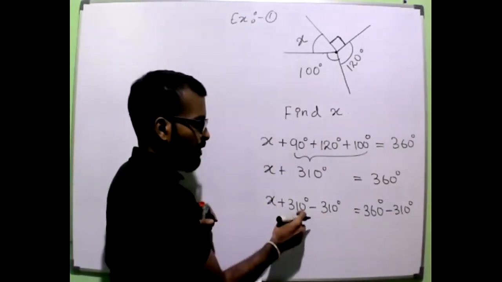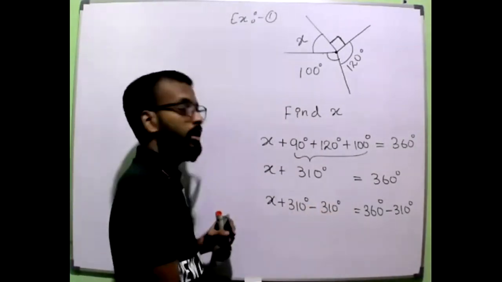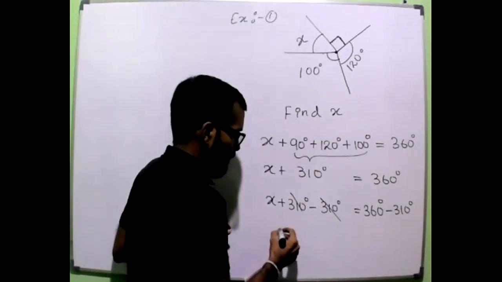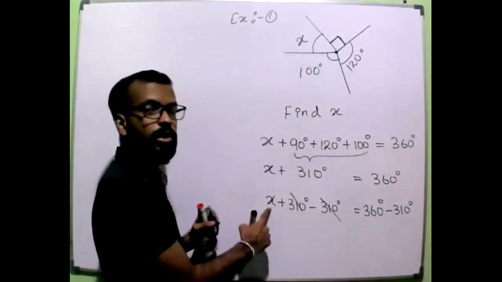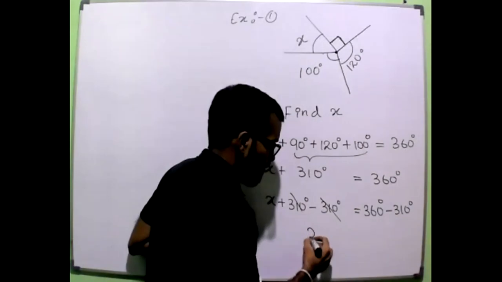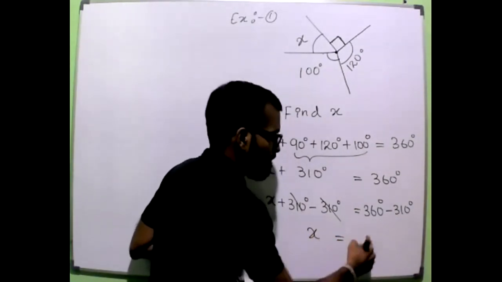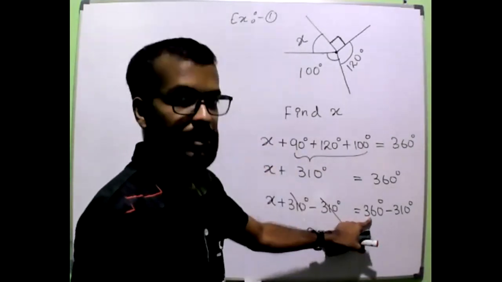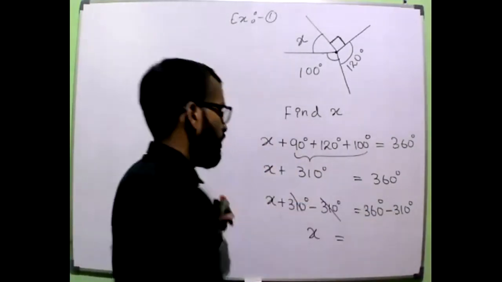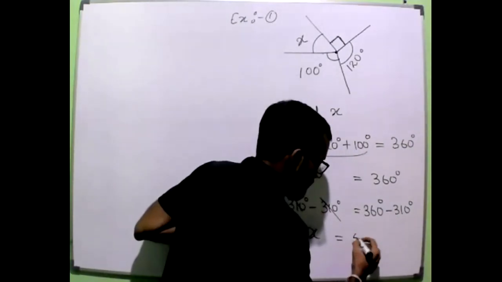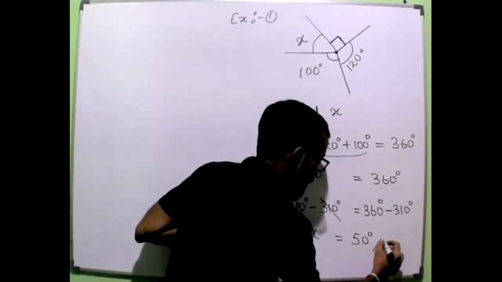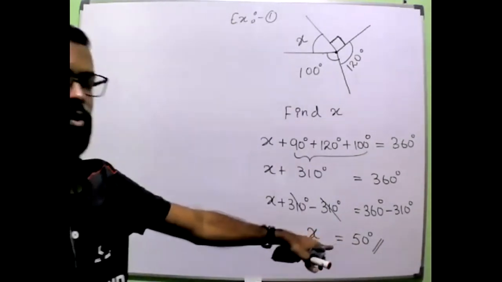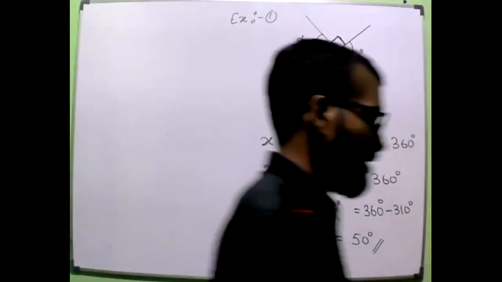So positive 310 and negative 310 cancel out. Now the only remaining term is x, which equals 360 minus 310, which is 50 degrees. So the answer is x equals 50 degrees.